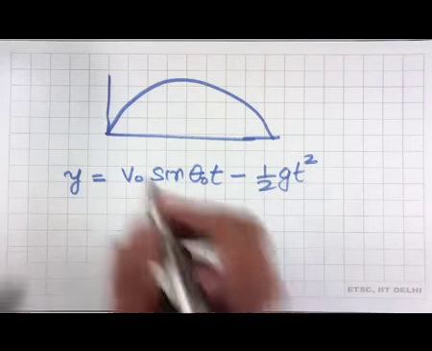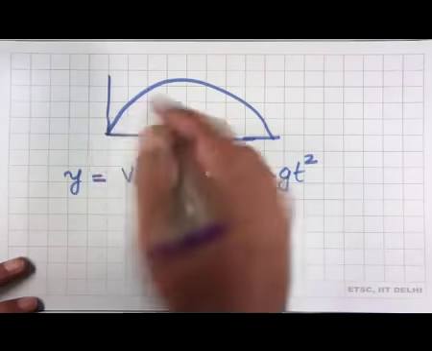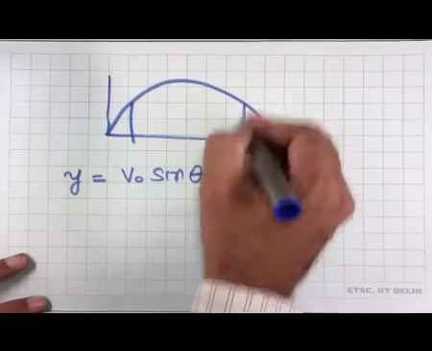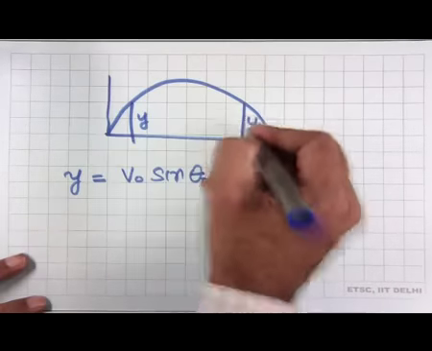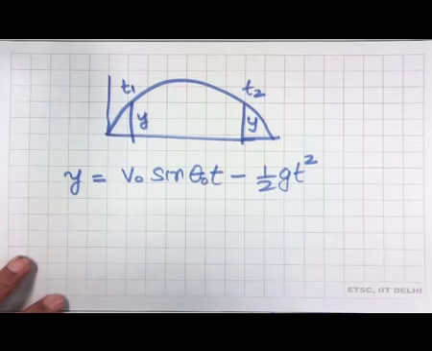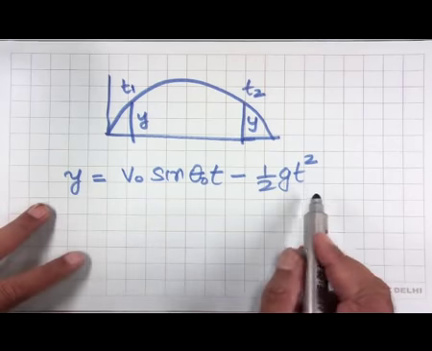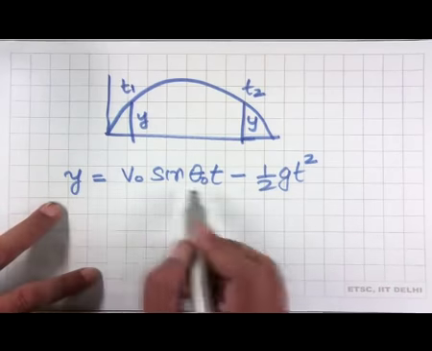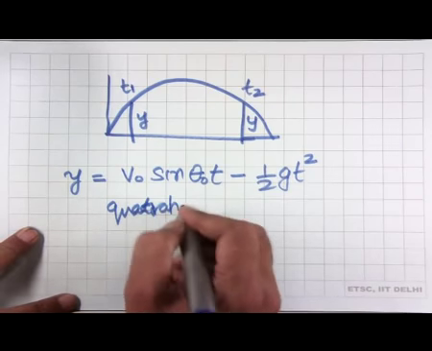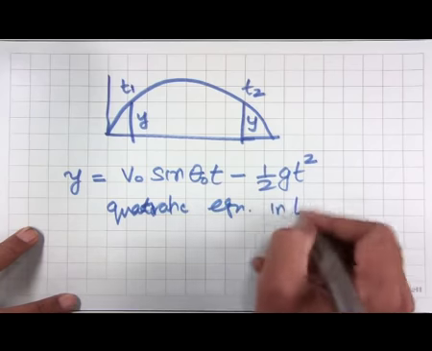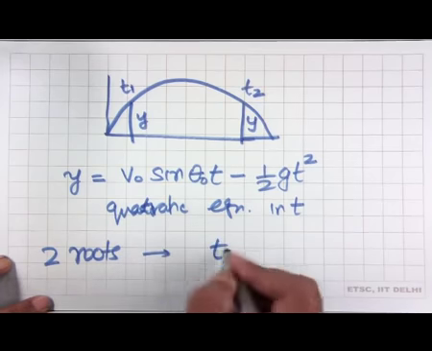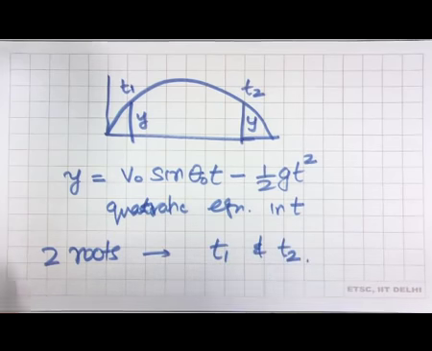So, now what we realize is that this particle, when it travels in a projectile motion, crosses the same y value at 2 times, t1 and t2. And if we look at this equation, it is very clear that for the same value of y we get a quadratic equation in t, and the roots of this quadratic equation, there are 2 roots, give the values of t1 and t2.